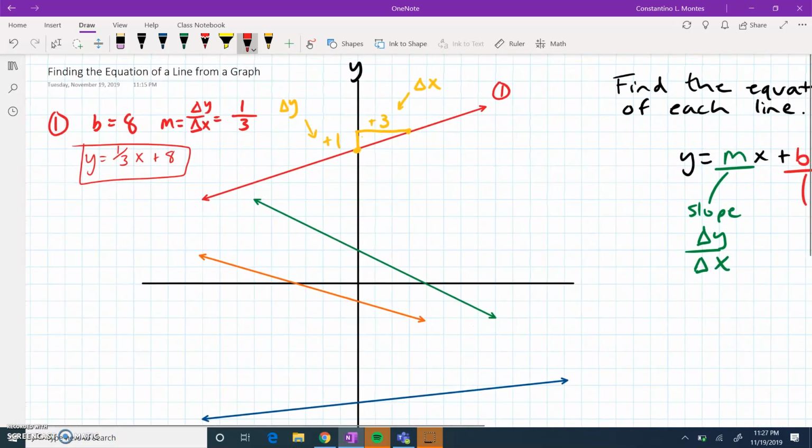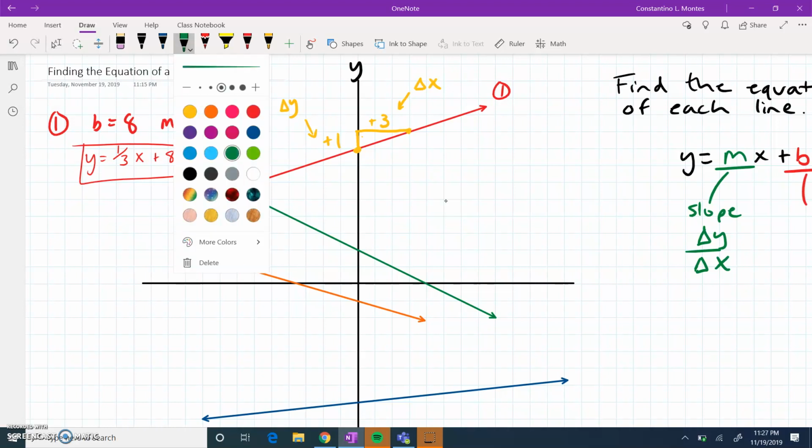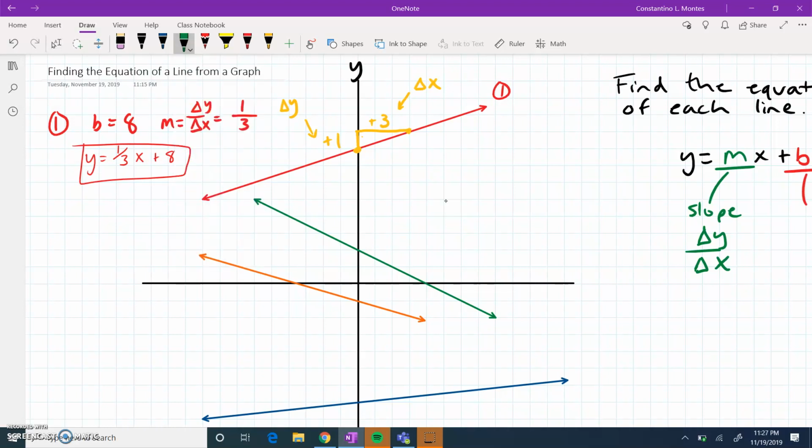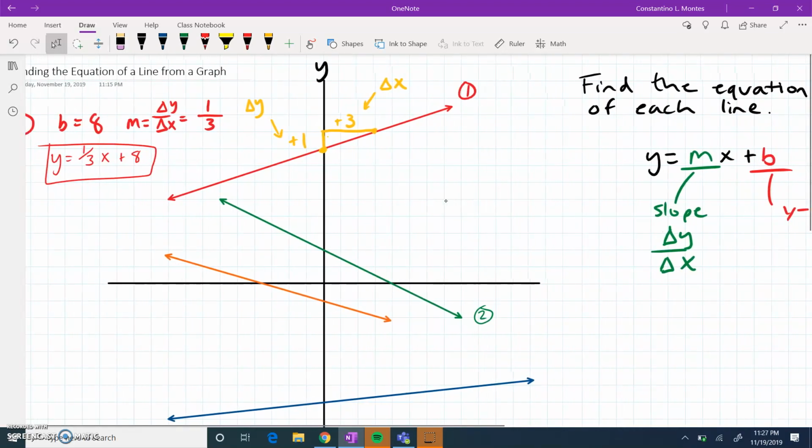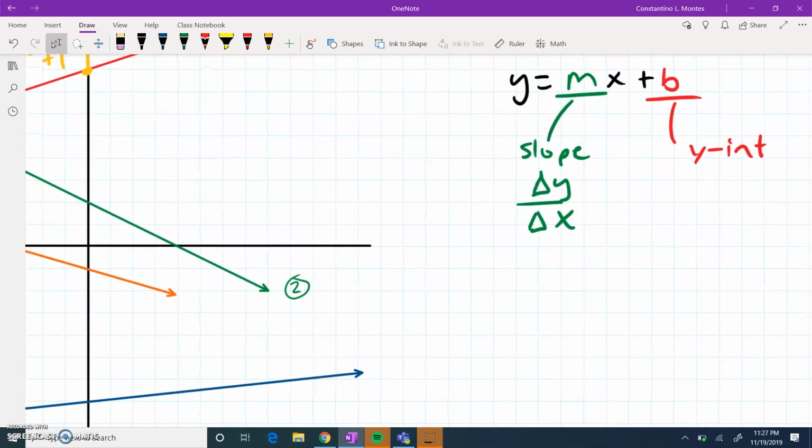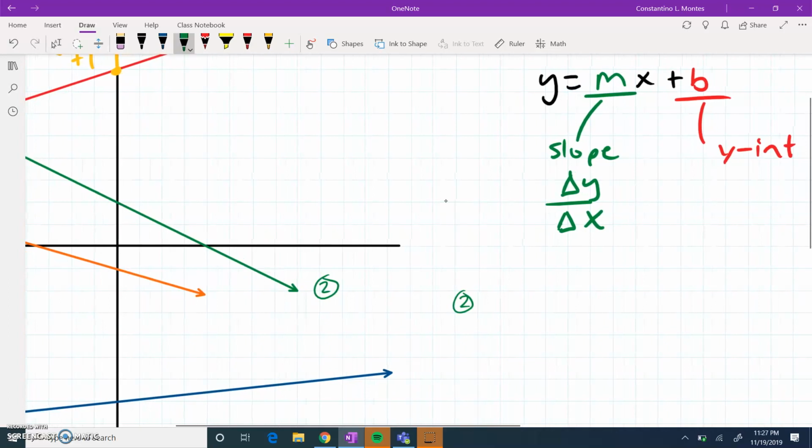Okay. Let's try the next one. Let's do this green line down here. Let's call this equation number 2. Put a 2. Let's do this one on the side here. Okay, first thing I'm going to identify is my y-intercept.